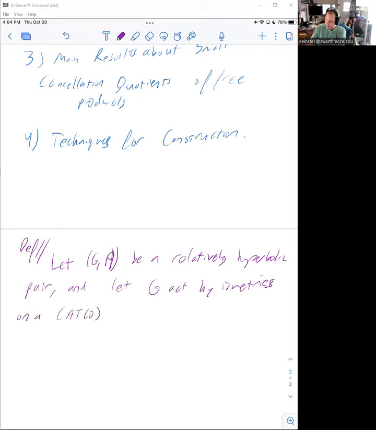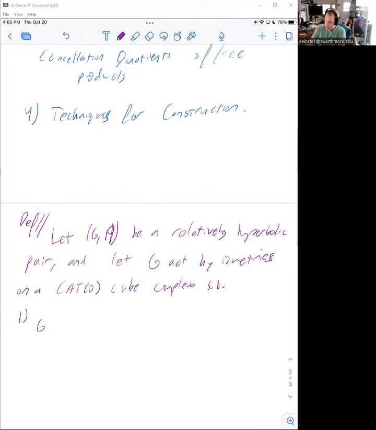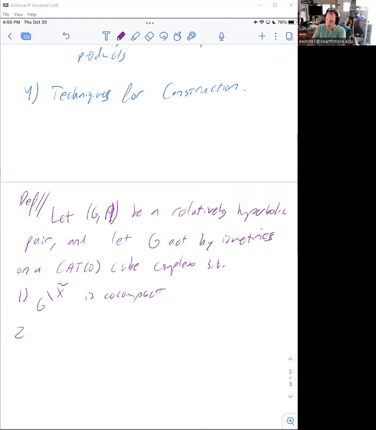That's another story. So we're going to have this group and we want it to act on a CAT(0) cube complex. And we're going to add the following restrictions. One, that we want this action to be cocompact. Two, P is going to be some collection of subgroups, and we're going to want each of them to act elliptically.